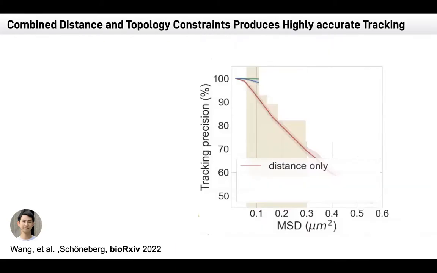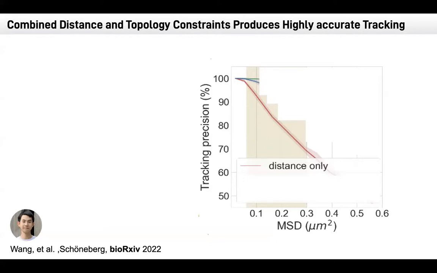The first thing we realized is that if we only apply distances from one frame to the next to track the mitochondria, it's absolutely not going to work. It's way too dense and way too convoluted. We lose accuracy very quickly.